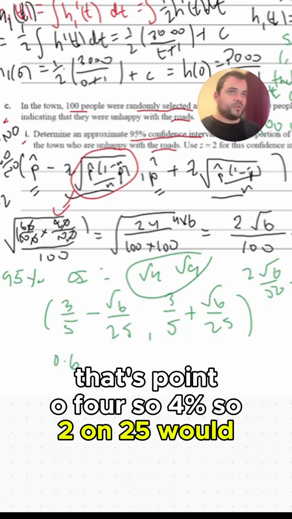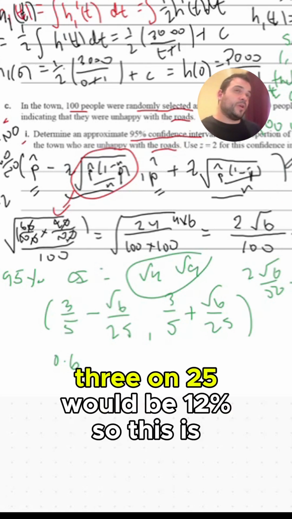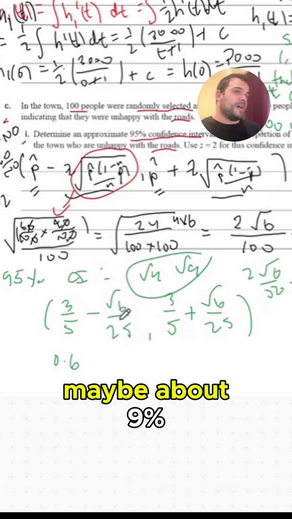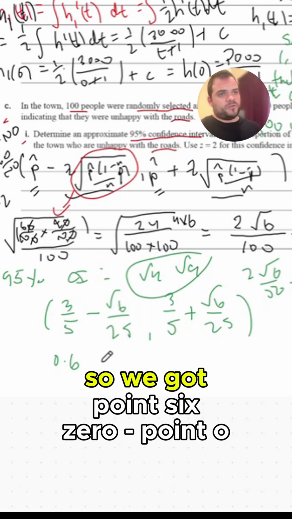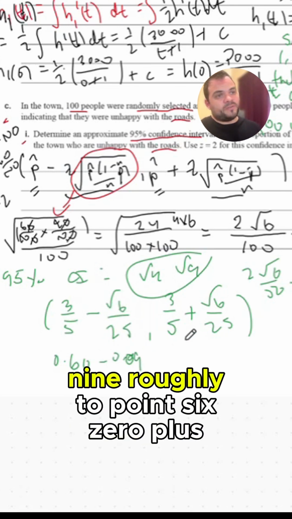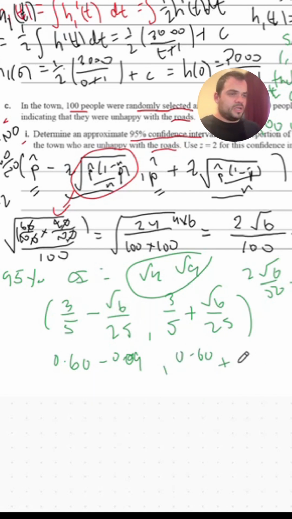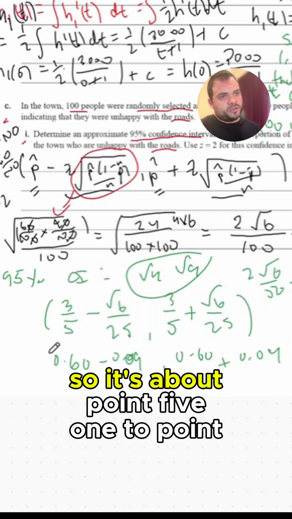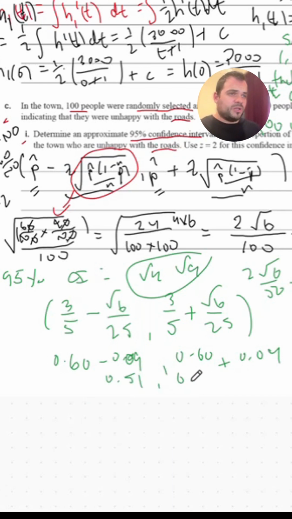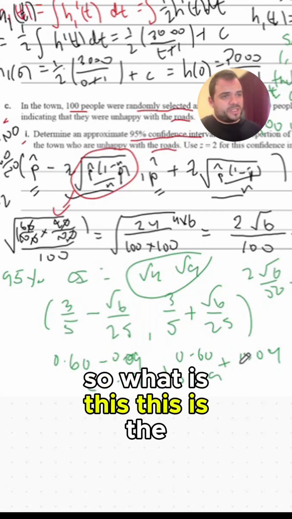So 2 on 25 would be 8%, 3 on 25 would be 12%. So this is maybe about 9%. So we've got 0.60 minus 0.09 roughly to 0.60 plus 0.09. So it's about 0.51 to 0.69. So what is this?